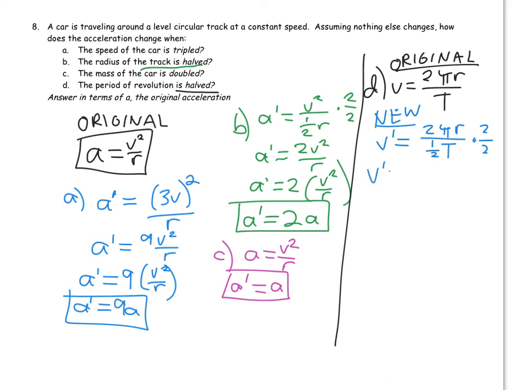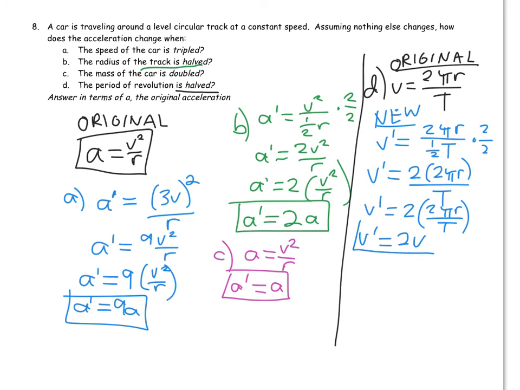And so what I'm left with is v prime equals 2 times 2 pi r over T. I could have written it as 4 pi r over T, but I want to pull that 2 out. And so I'm going to say v prime is equal to 2 times this quantity, 2 pi r over T. That happens to be the same as my original velocity, so I can say for my first step that my new velocity is just 2 times my original.